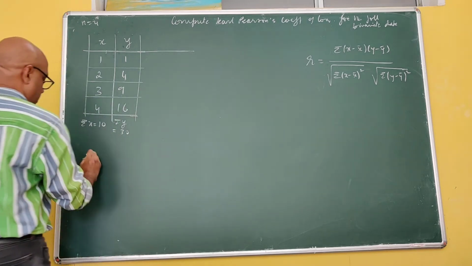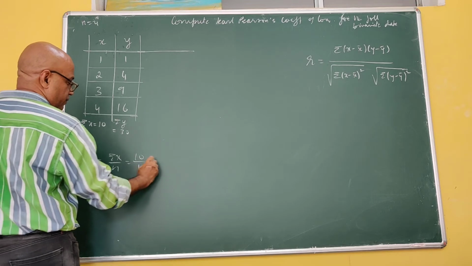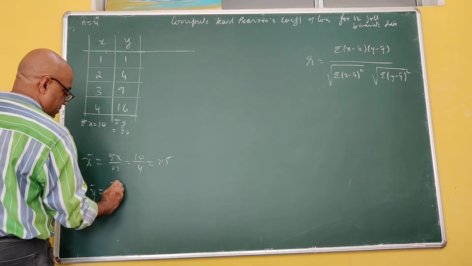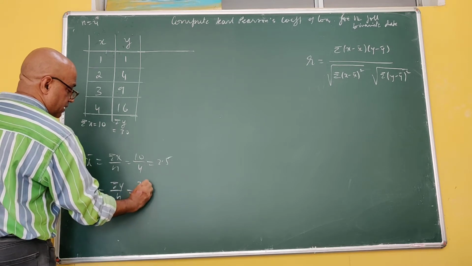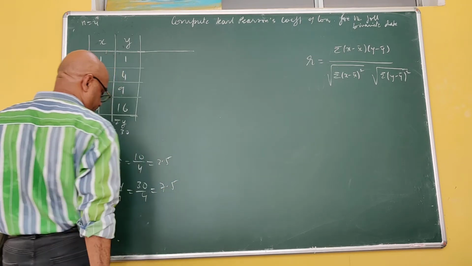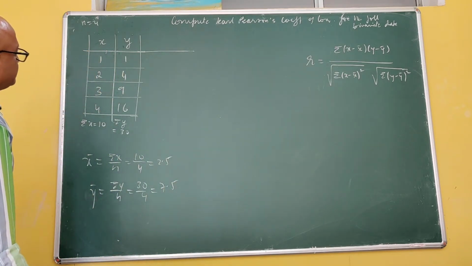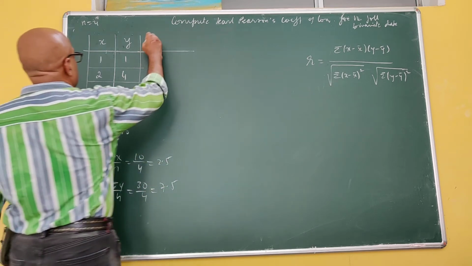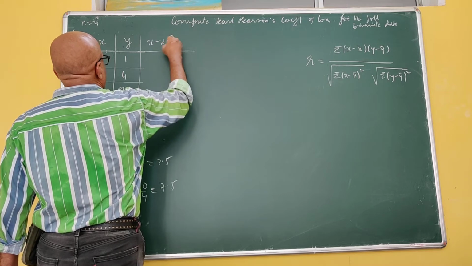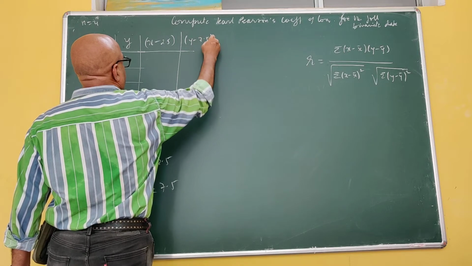What is x bar? X bar is summation x divided by n, that becomes 10 divided by 4, that becomes 2.5. What is y bar? Y bar is summation y divided by n, that becomes 30 divided by 4, that becomes 50 divided by 2, that's 7.5. I suppose, right? Yes, it is. So x minus x bar, that's 2.5, and y minus y bar, that's 7.5.